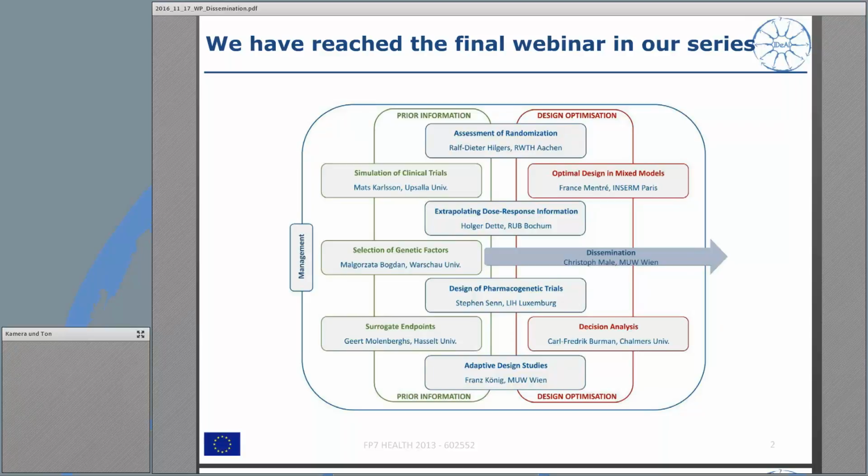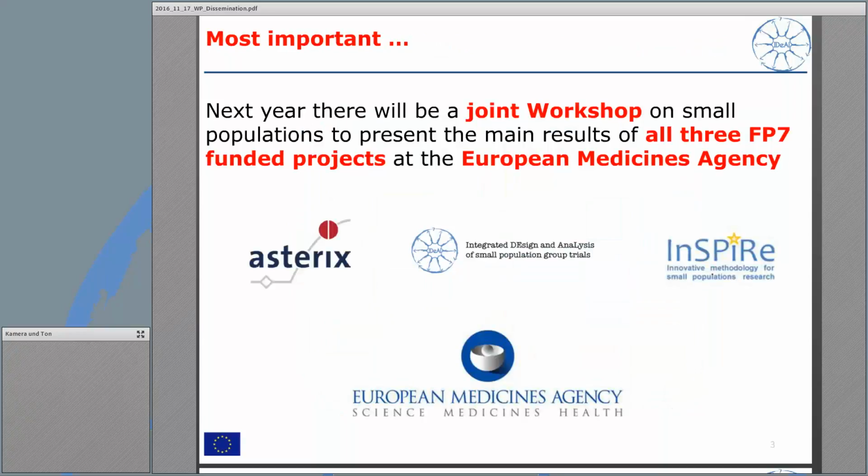So where and how can you make yourself more familiar with our results? Let's start with the most important thing. As you might know, the EU funded 3 projects within the FP7 framework called on small populations. As all projects will end next month, there will be a joint workshop on small populations to present the main results of all 3 FP7 projects together.